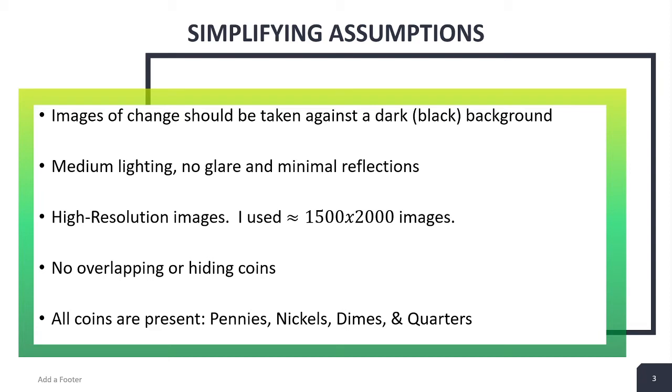And then finally, the last assumption was that each image would have all 4 types of coins. Yes, I do know that there are actually more than 4 types of coins. We got the half dollar and the dollar coins. But this just ended up making the if-else logic a lot easier. It didn't really change how k-means worked because it would still be able to sort these into the various categories.